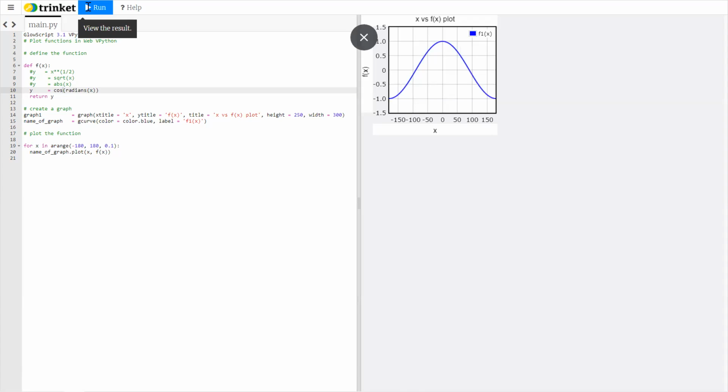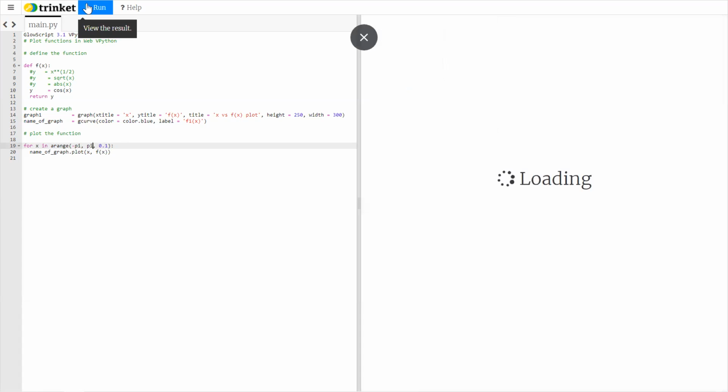If you remove the radians function, it will accommodate numbers in radians. So you change this to radians, negative pi to pi.